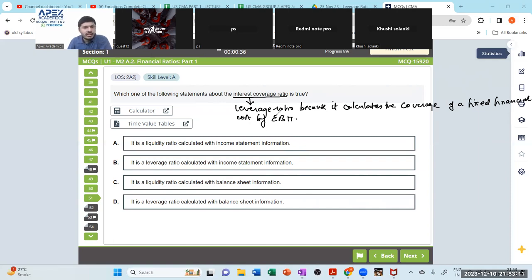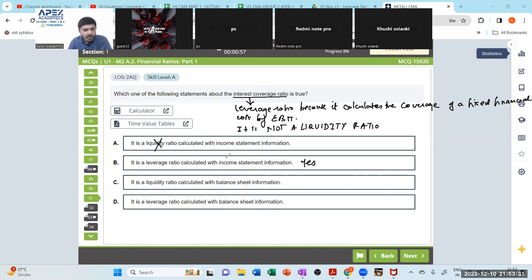It is not a liquidity ratio. It is a leverage ratio calculated with income statement information.